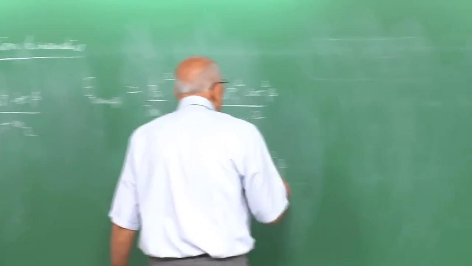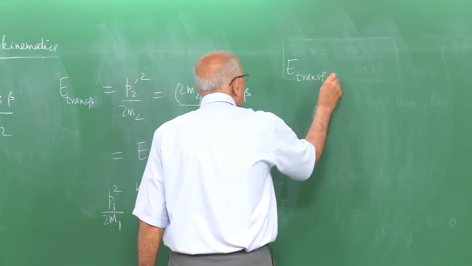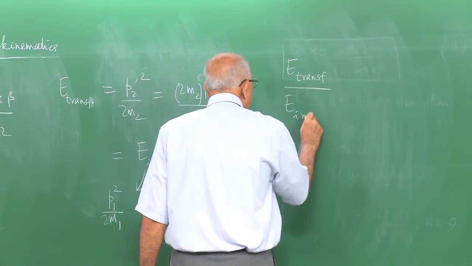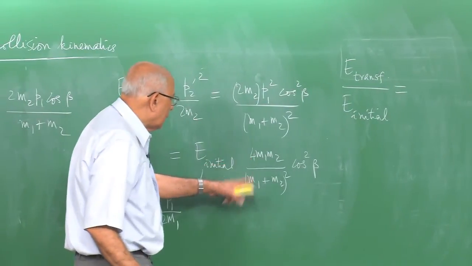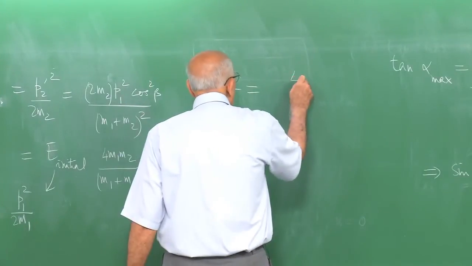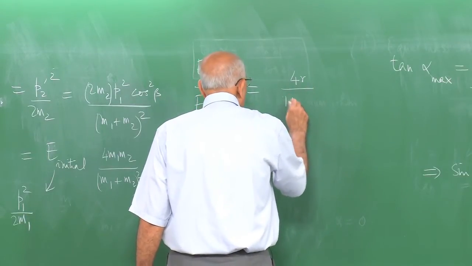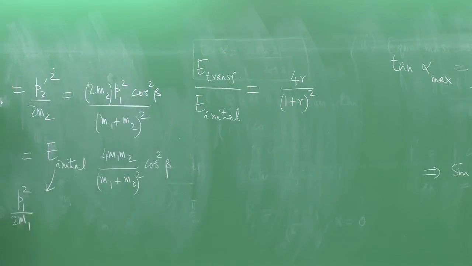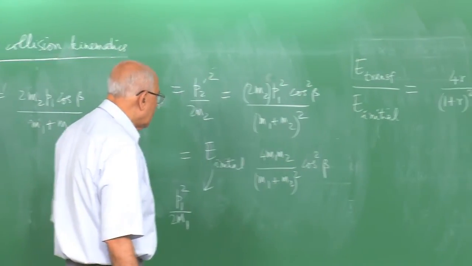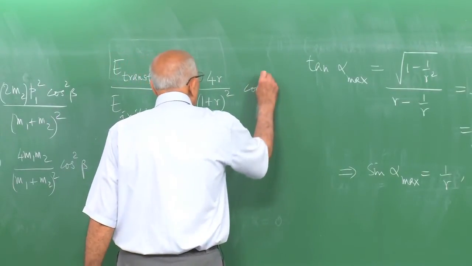So we immediately see that E transferred over E initial is equal to a certain ratio of masses, which can be written as 4r over 1 plus r the whole squared, if I pull out an m1 on either side and cancel the m1s, multiplied by cos squared beta.